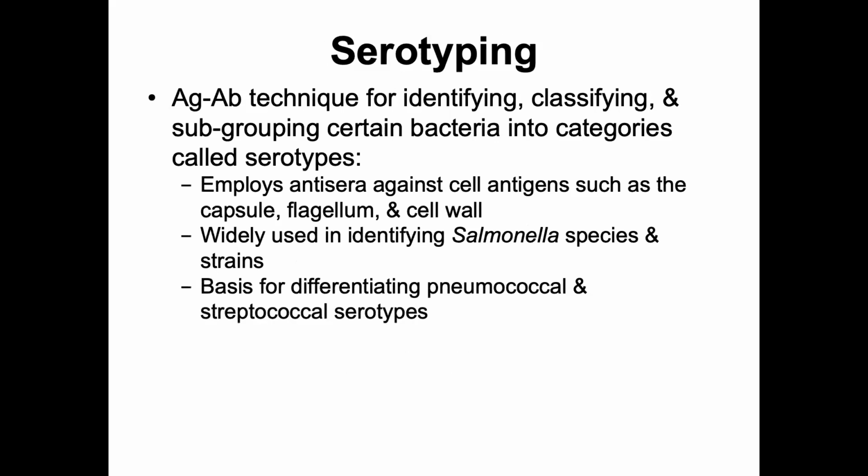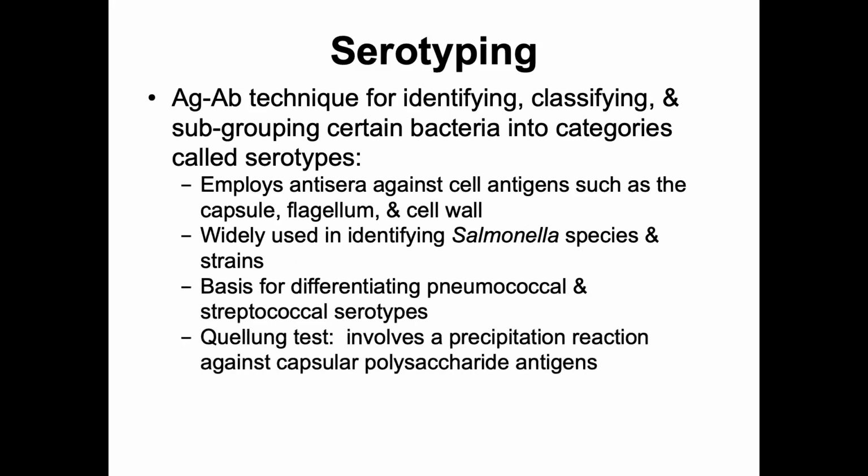Serotyping is a way to classify bacteria, or really any pathogen, into smaller categories called serotypes. It uses the presence of special molecules on things like the capsule, the cell wall, or the flagella of the bacteria, if we're looking at a bacteria, in order to determine the serotype.